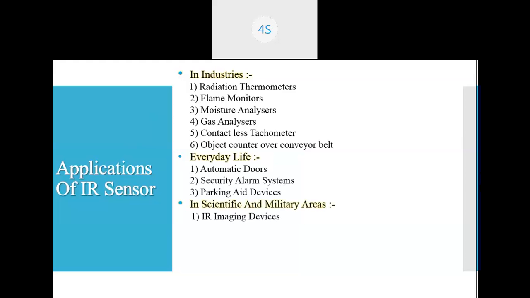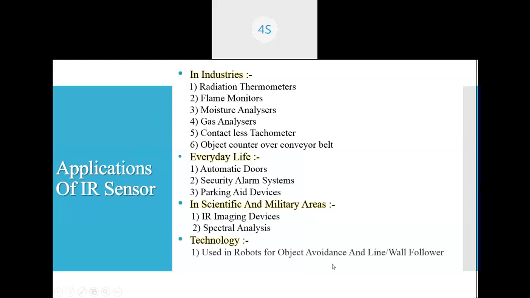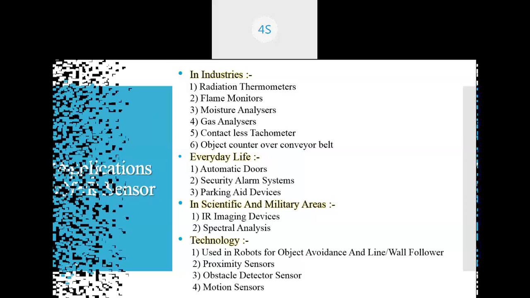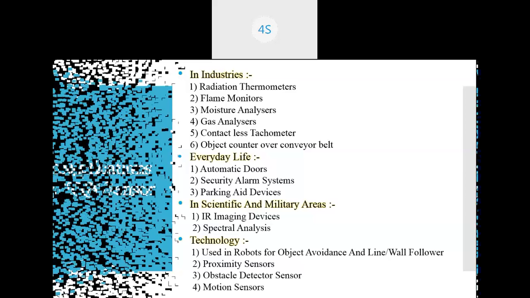In scientific and military areas, it is used as IR imaging devices like night vision cameras and spectral analysis. For technology, there are robots which are used for object avoidance and line follower, which use the active IR sensor, the proximity sensors, obstacle detector sensors, and motion sensors.